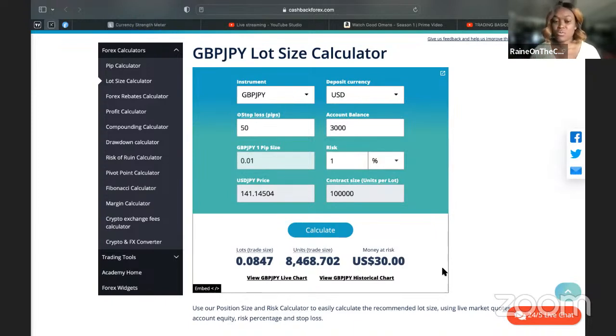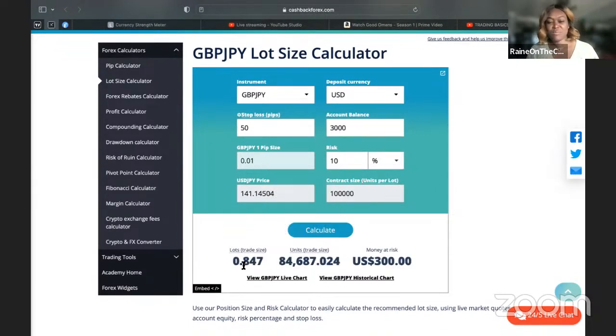And that's why you want to have your lot size. Imagine you don't use the calculator, you just wing it and you do like 0.5, something like that. You may end up being in shock by how much money you end up losing. Or say some people think, oh, I can risk 10%.